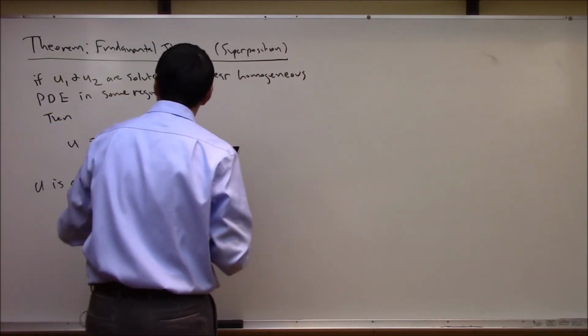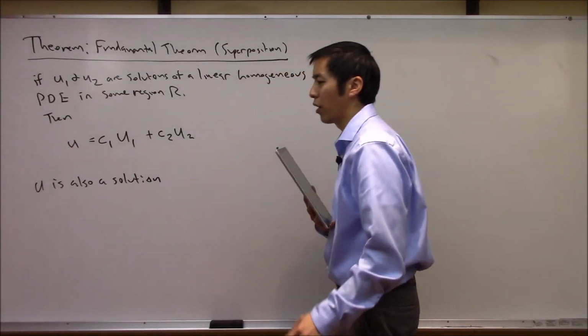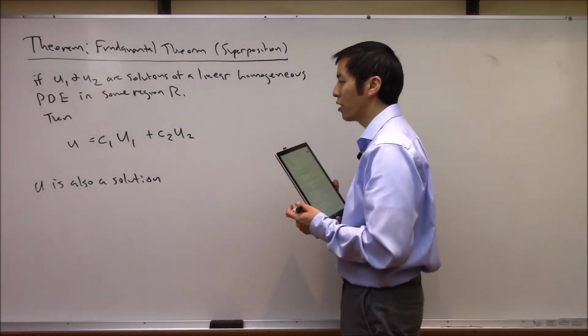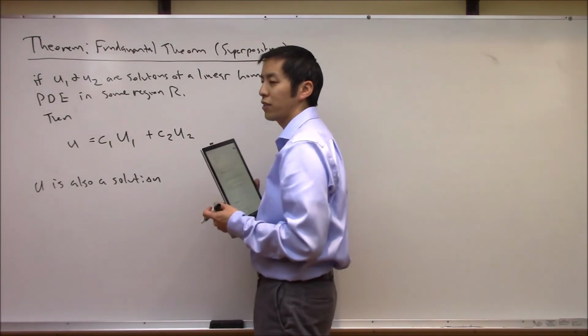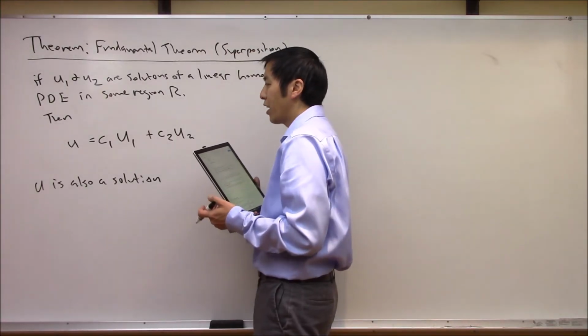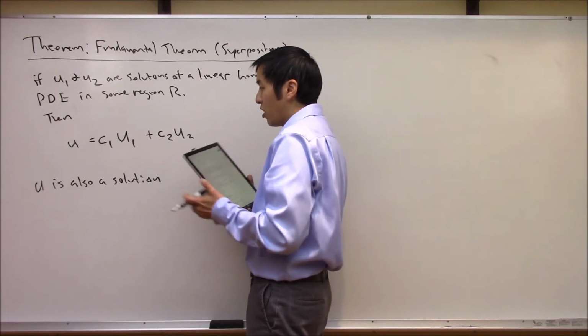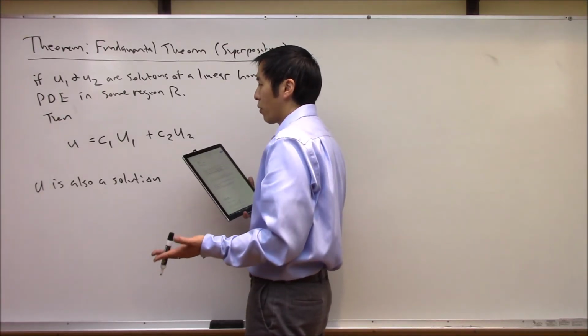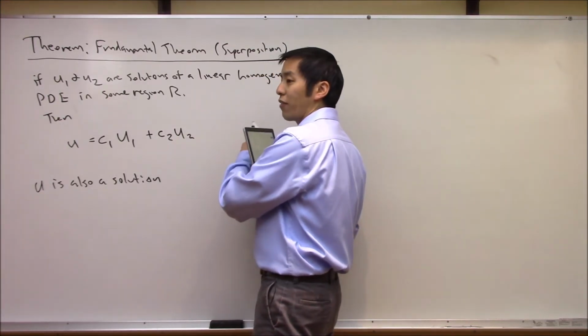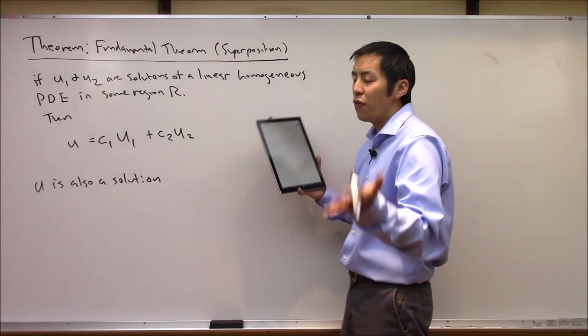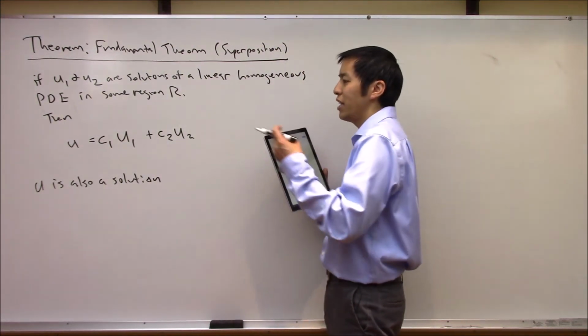This should be very similar to, and ringing some bells from, when we discussed ordinary differential equations, where we did a very similar thing where we added up multiple solutions and created a third solution. And why stop at 3? Maybe you add 3, 4, 5, 6, 7, 8 different, an infinite number of solutions to create yet another solution.